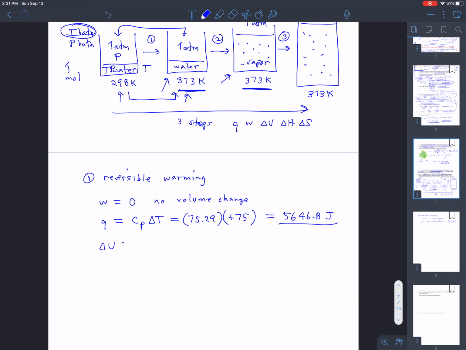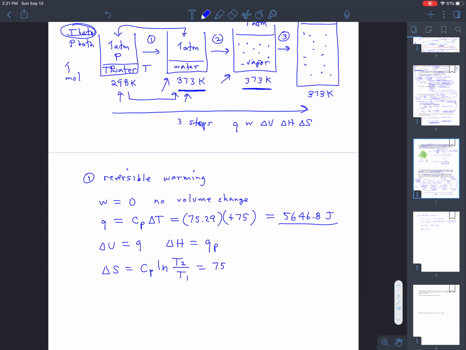Delta U will be equal to Q in this case. Delta H will be equal to Q in this case, right? Also because it's a QP, a constant pressure process. What's delta S? Delta S will be equal to Cp, because it's a constant pressure process, log of T2 over T1.